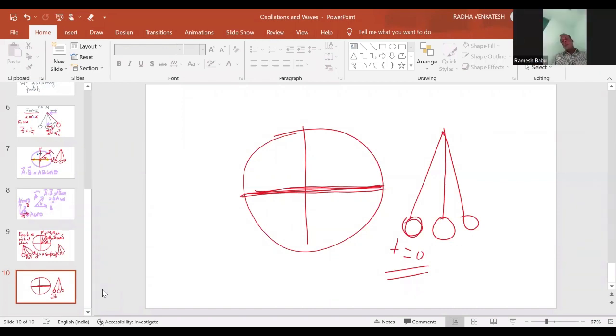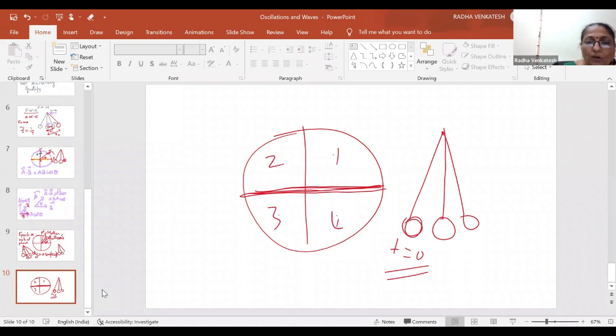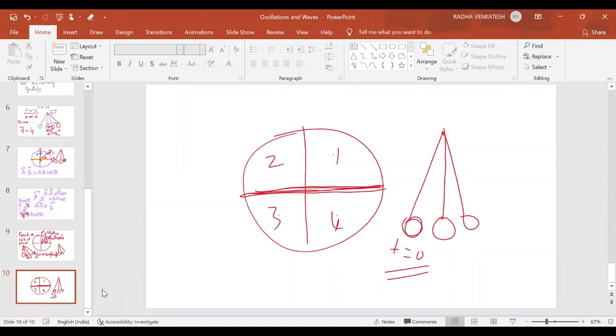A certain angle you have to. Which quadrant? Let me name them 1, 2, 3 and 4. In which quadrant will I place this point P? Fourth quadrant, ma'am. Beautiful. Why fourth quadrant, teacher?